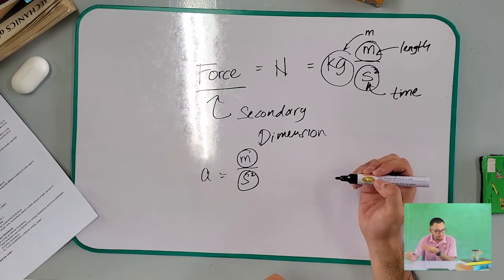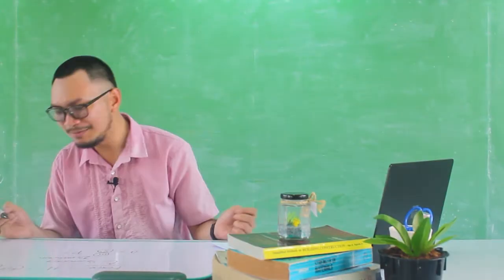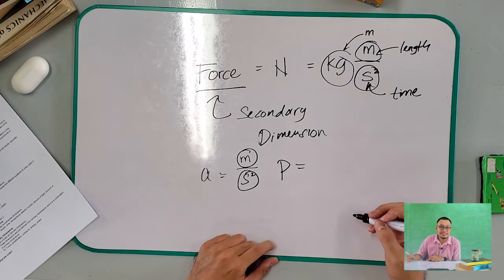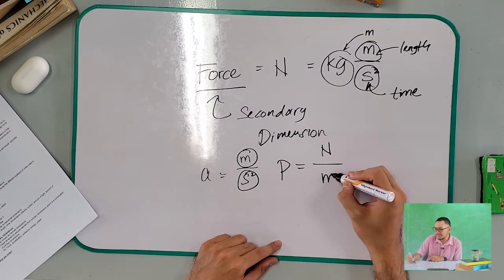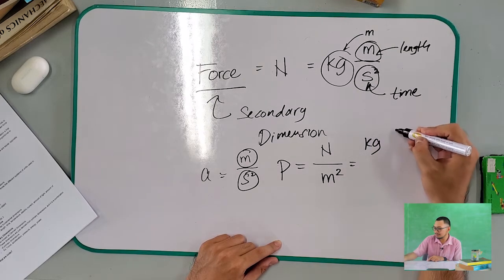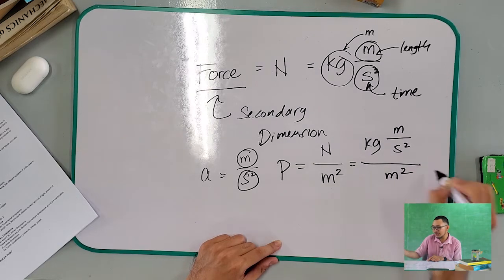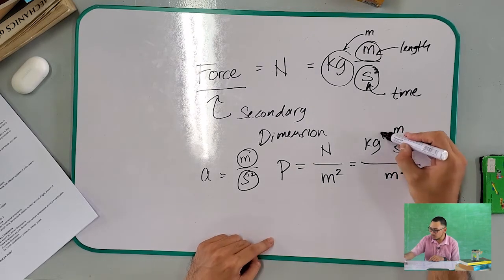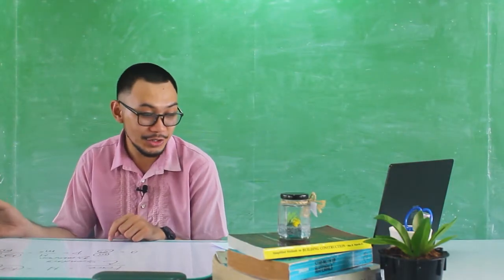No, makibaw ra mo unsa nang pressure, pero ato isulti kibaw sa whiteboard. Pressure is newtons per meter squared, or that is kilograms meter per second squared over meter squared. So it is derived from 1, 2, and 3 primary dimensions.